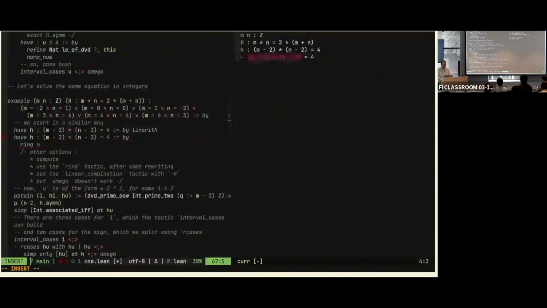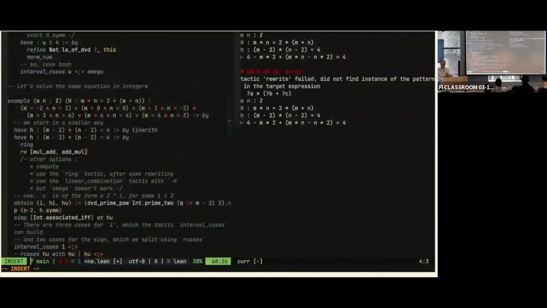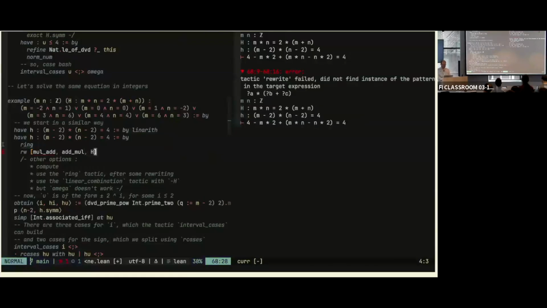So I wanted to type the tactic ring, but it's not clear because it has to use the goal. So to make ring work, I think I have to rewrite a little bit with mul_add and add_mul. Now I have m times n in the goal, so I can plug in the equations.